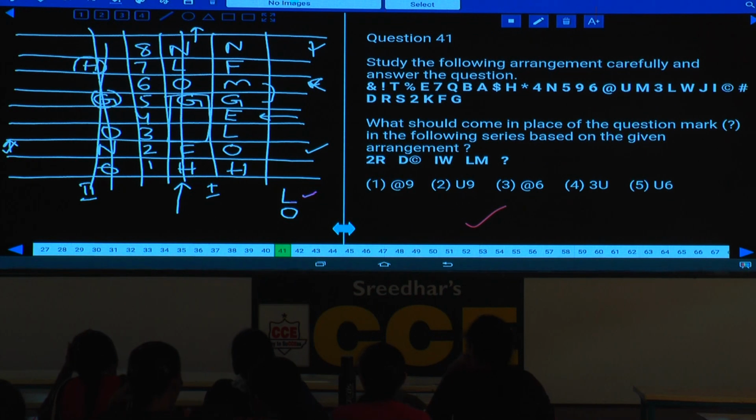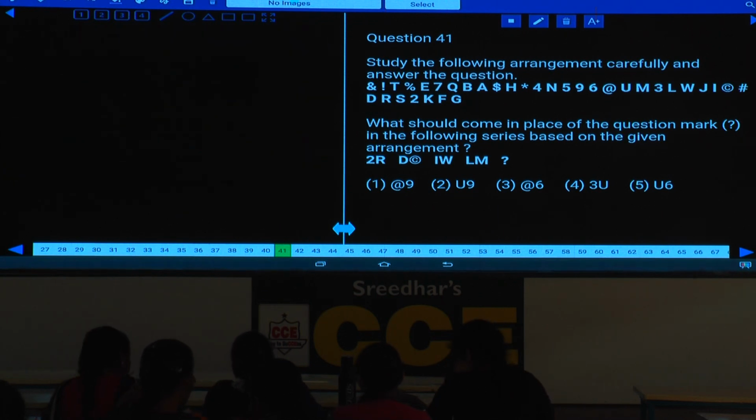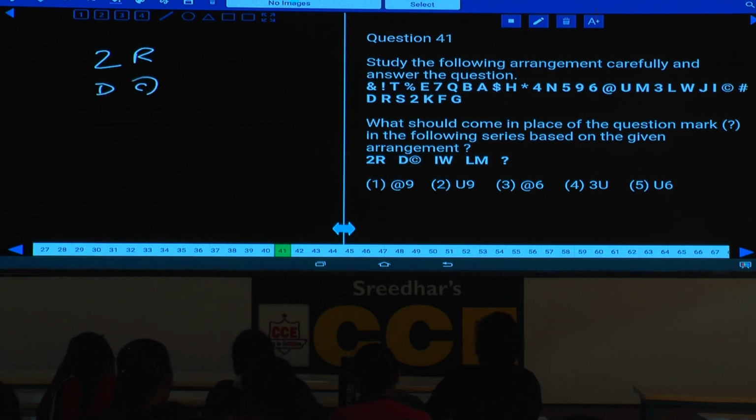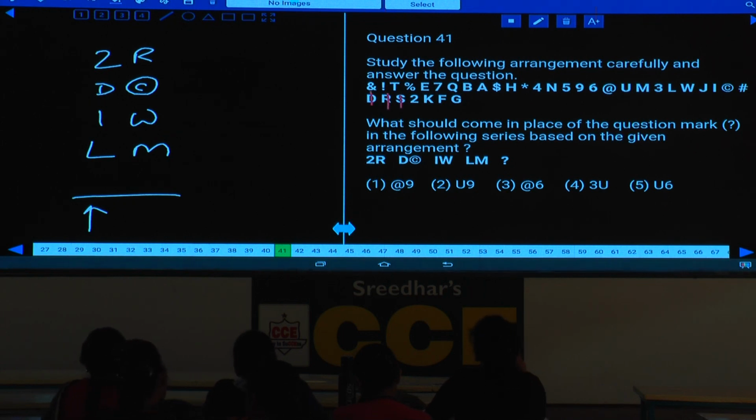Then 41 to 45, these 5 questions are based on sequence. Now question number 41 is based on the series 2R, D©, IW, and LM. Then what should be the next one? First compare the first elements. 2 and D: from 2 to D, 1, 2, 3, minus 3.